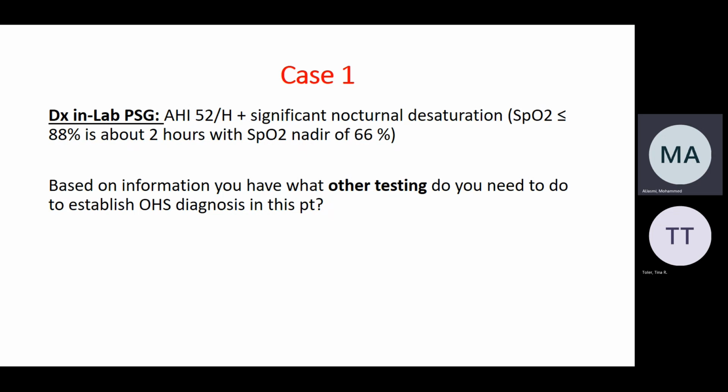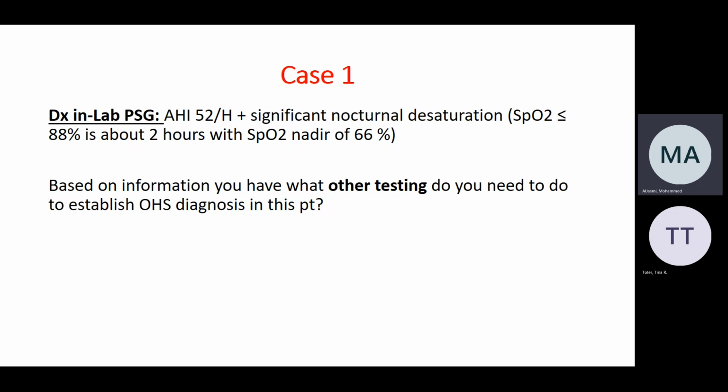So we have to consider the other differential diagnoses for chronic hypercapnic respiratory failure. We said COPD, we said congestive heart failure, but we also have to think about chest cage deformities, restrictive lung disease, especially if you have kyphoscoliosis, neuromuscular dystrophies, any muscle weakness.